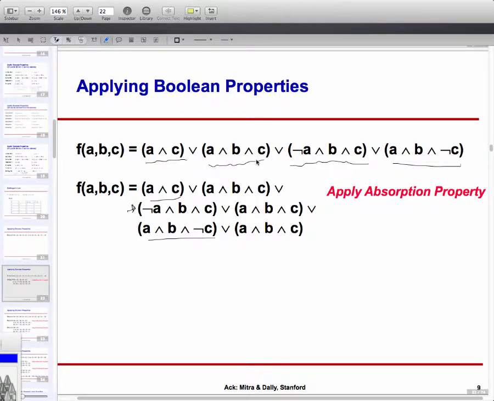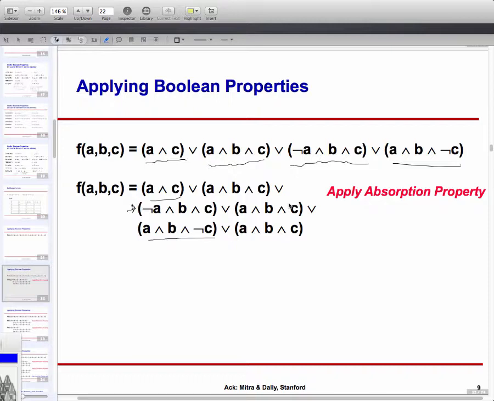I can always replace x by x or x or x. In this case, think of x as this a and b, or a and b and c, and I've replicated it 3 times. I took my original expression and took this term and OR'd it with the first term. In the second line, I took the same term and OR'd it with the second term. In the third line, I OR'd it with the third term. So going from here to here, we are basically saying x is the same as x or x or x.